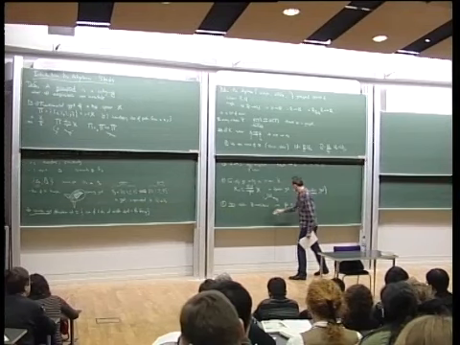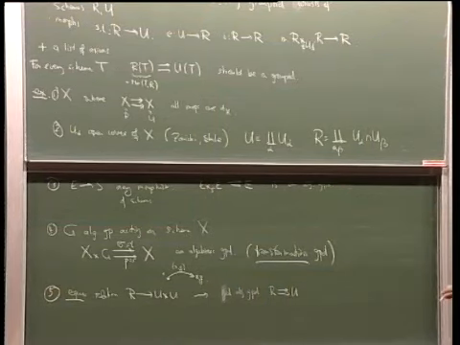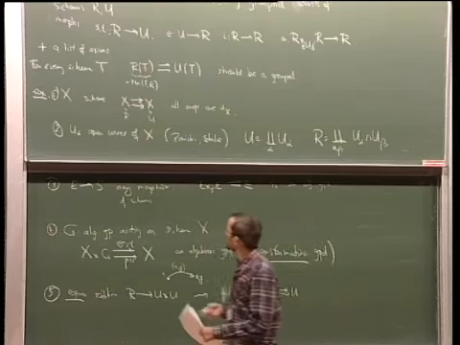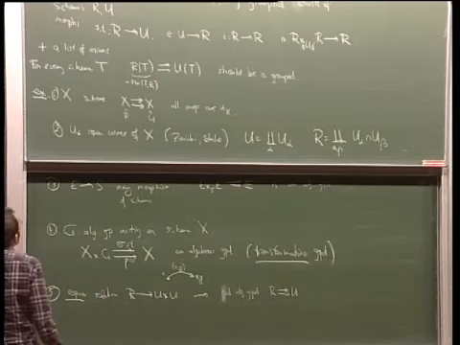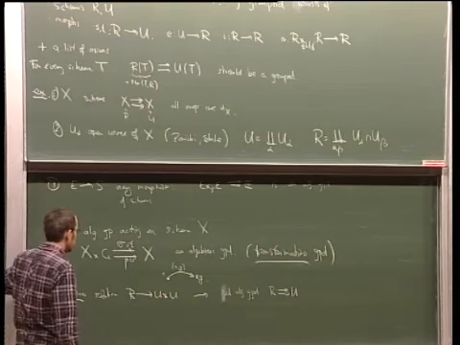Right, I get two maps to U giving me the source and the target map. So again, you can check that. Well, I guess all these examples 1, 2, 3 are examples of equivalence relations.